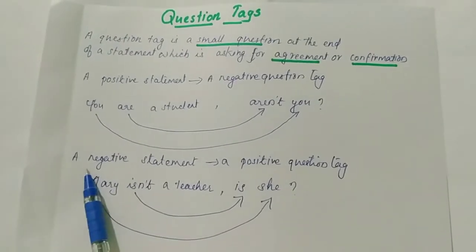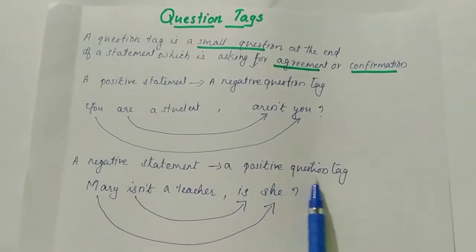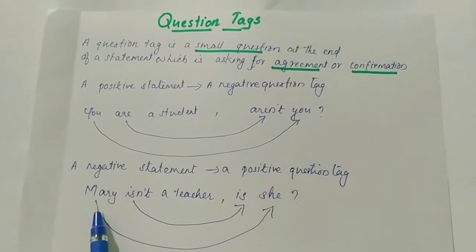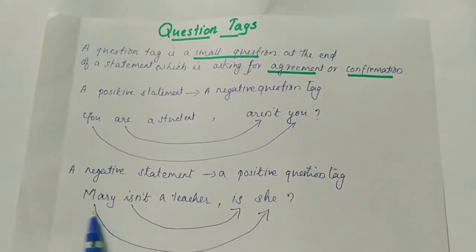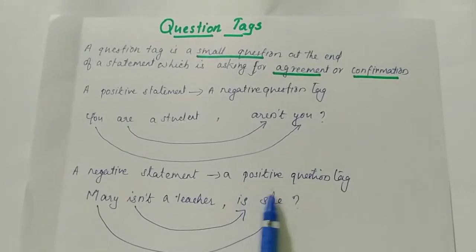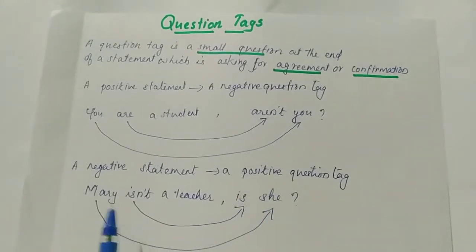The second form is: a negative statement will be having a positive question tag. For example, Mary isn't a teacher. It is a negative statement, and it will be having a positive question tag: is she? How to make it?